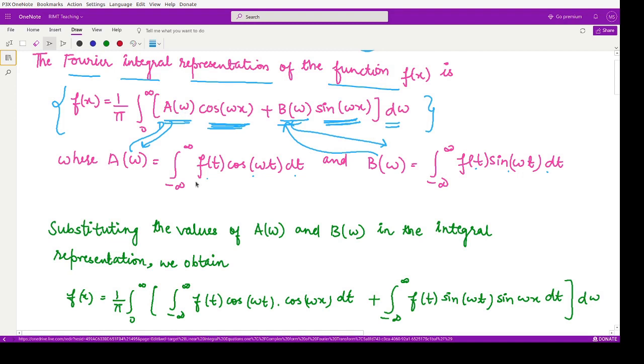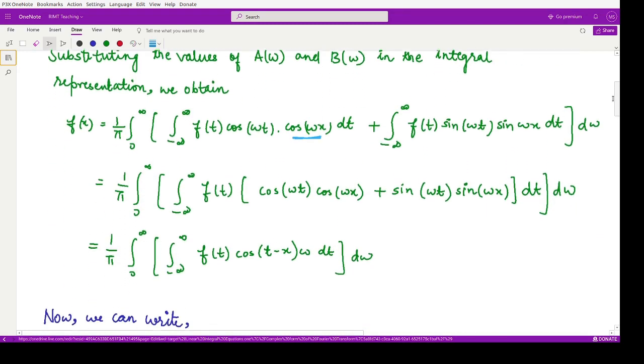In place of a omega we write integration from minus infinity to infinity f of t cos omega t dt and cos omega x as such, and then instead of b omega we write integration from minus infinity to infinity f of t sin omega t dt, times sin omega x, d omega.